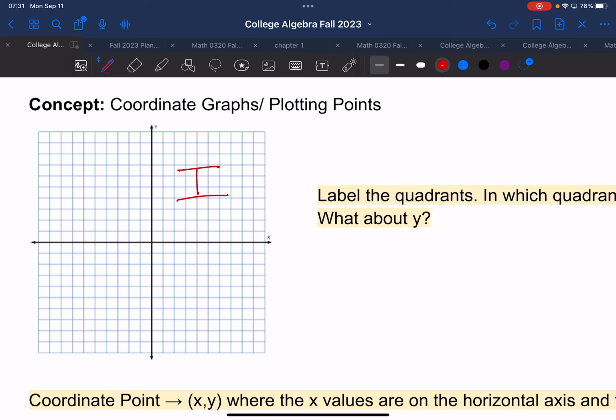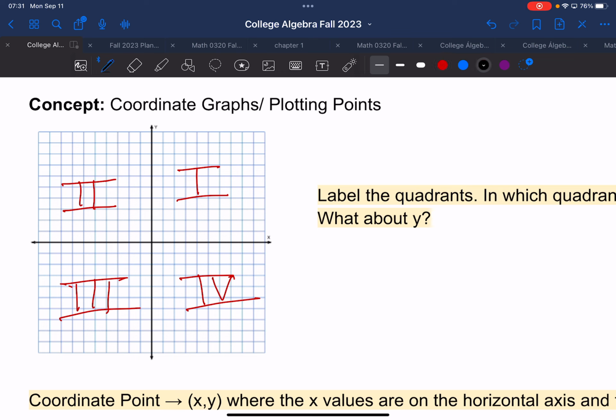Okay, and then we go counterclockwise. So 2, 3, and 4. And I always write those quadrants in Roman numerals. 1, 2, 3, 4.